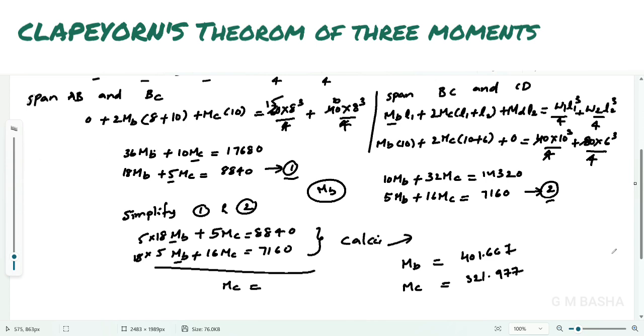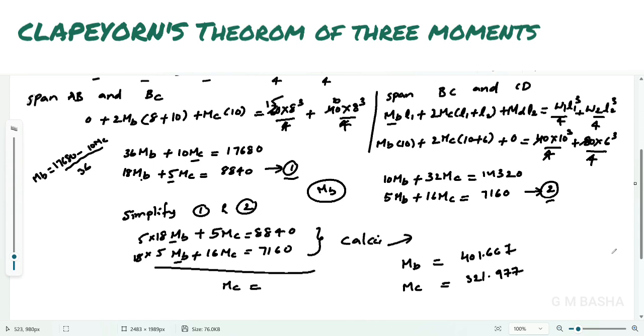Okay, somebody will be doing like this also. For example, I will take this equation in terms of MB, just to take MB outside, that is MB will be equal to 17680 minus 10 MC divided by 36.